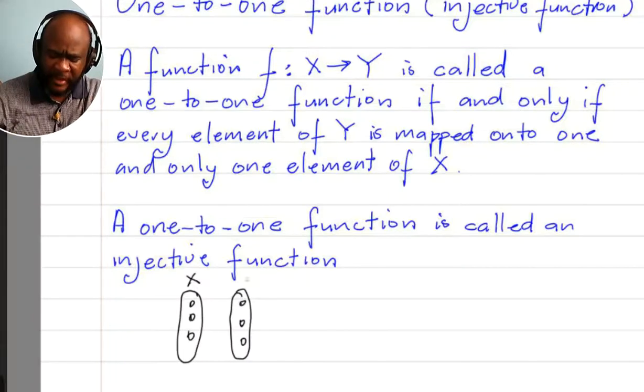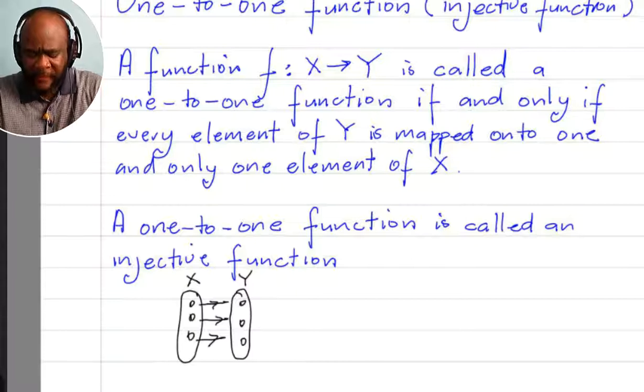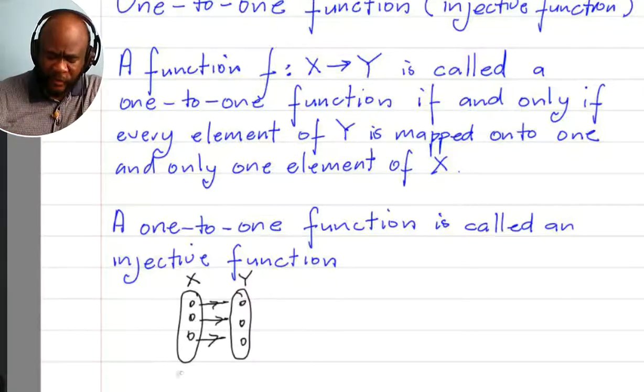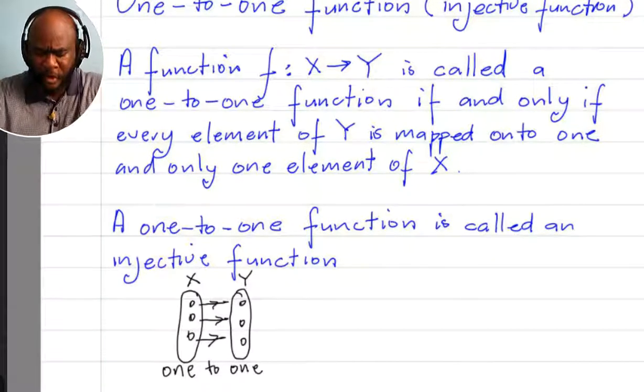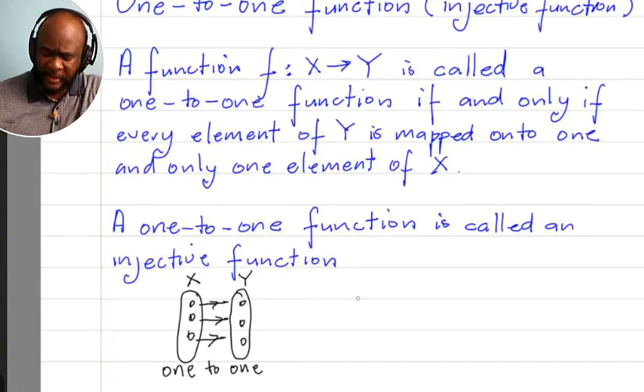Now this is the domain and this is the codomain. In this illustration, every element of y is mapped onto only one element of x. So this function would be 1 to 1 or injective. It must be that every element of y is mapped onto one element of x.